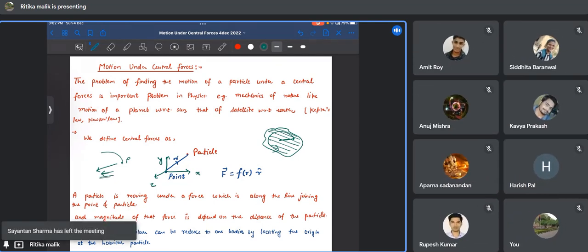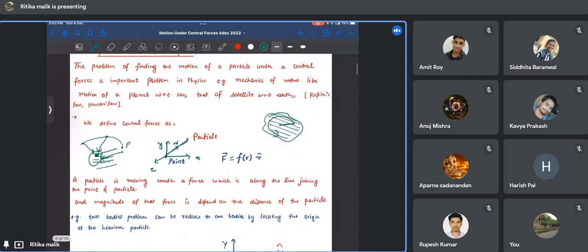For example, the particle may be at some other position, where it again feels the force towards the center, or at another point, where it again feels the force towards this center point. So this is the property of central forces: the direction of force is always towards a point, and the magnitude of that force depends on the distance of the particle from that point.